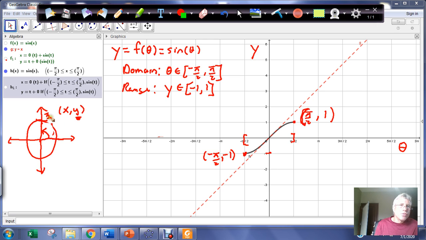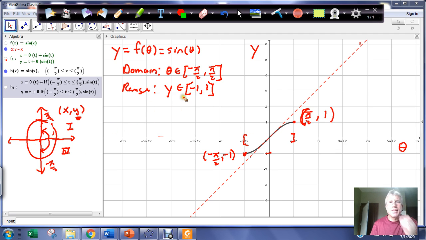This is pi over 2 position, from negative pi over 2. This is the negative pi over 2 position. So we're really restricting ourselves to quadrants 1 and 4 by running from an angle of negative pi over 2 to pi over 2. That keeps us getting y coordinates in quadrants 1 and 4.